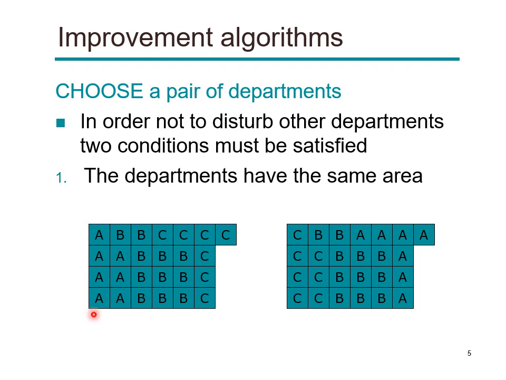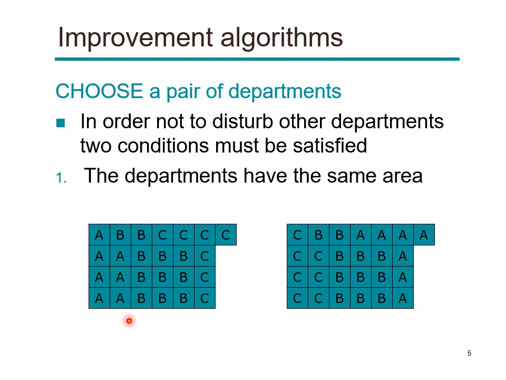So here, department A has this shape, and department C has this shape, and we want to exchange their positions. Is it possible to make this exchange? In order to understand this, let's count the number of unit squares. 1, 2, 3, 4, 5, 6, and 7.